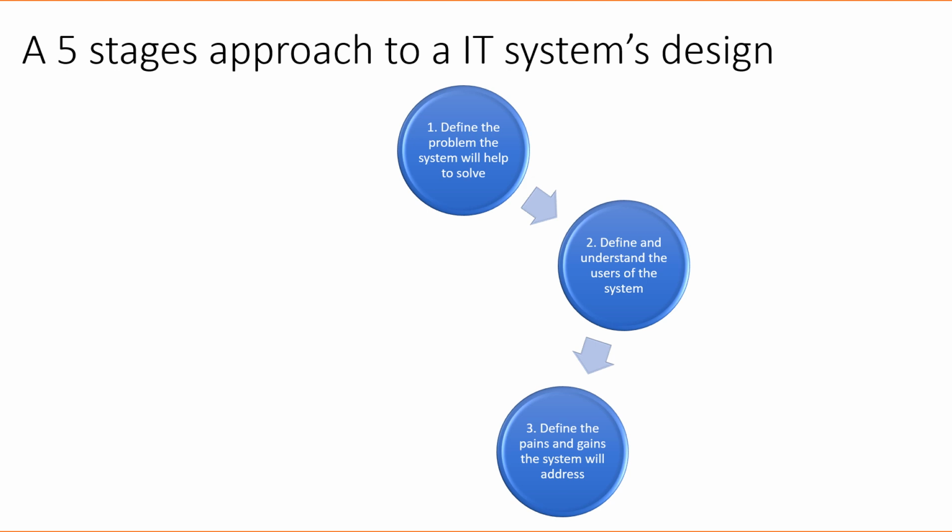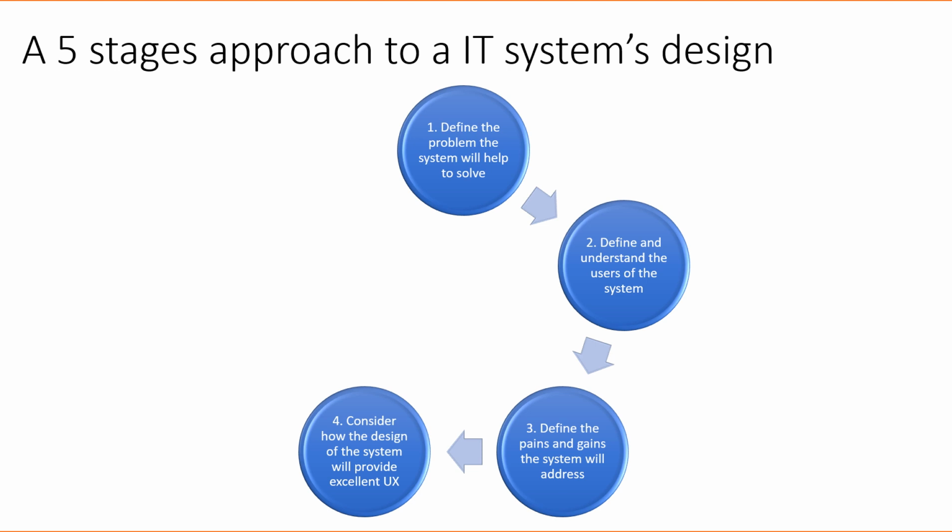In the example I gave, a customer searching for a product in the store, how can the system facilitate that? Or in another example, how can the system facilitate the checkout? What are the actual pains today for the customers that the system will help to solve?